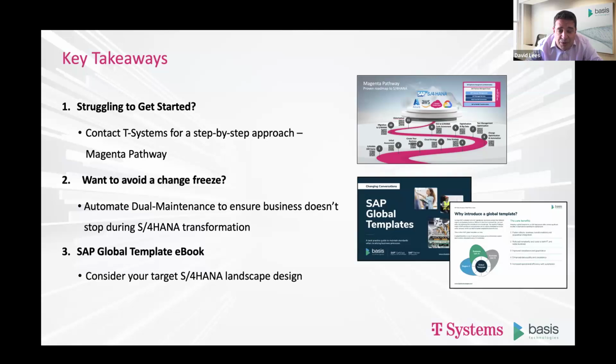I mentioned earlier looking at your target landscape design. Take a look at our most recent ebook around global templates. Again, that's on our website. Use that as thought material to think about how you would want to set up your landscape moving forwards, assuming it's not going to be a one-to-one brownfield big bang transformation.